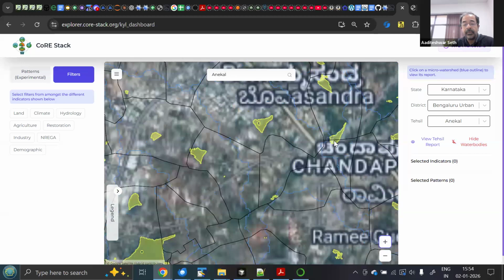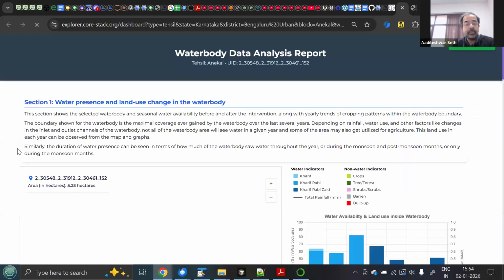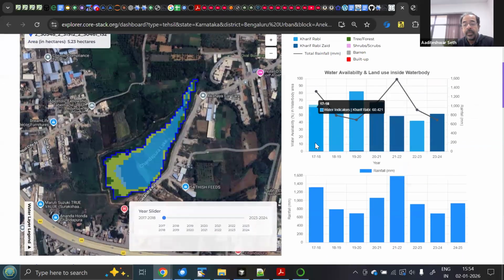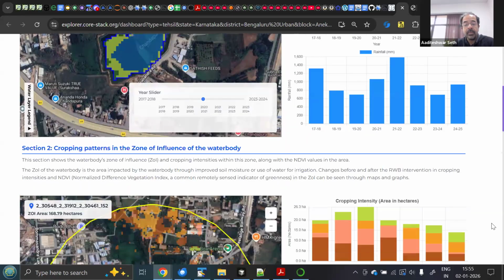If you open the water body profile of that tank, this profile tells you in different years how much of this tank had water throughout the year, how much of it had water only during the monsoons. All of this kind of a dashboard is what we've populated using remote sensing.